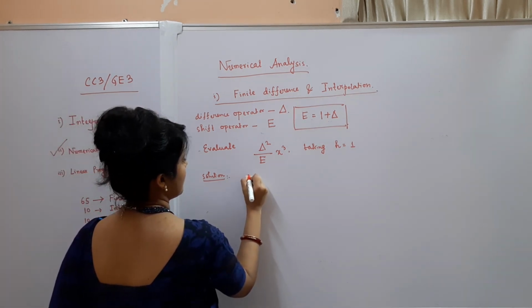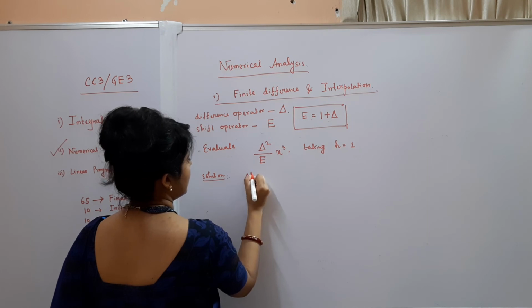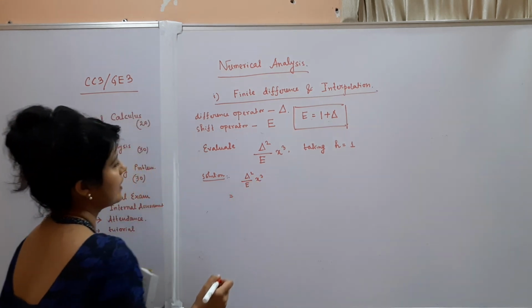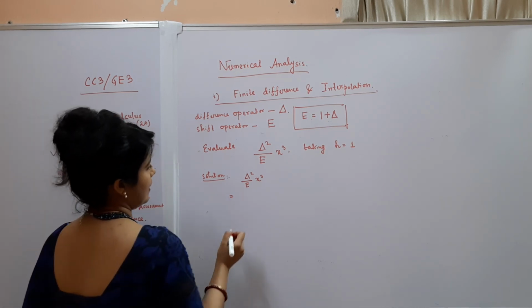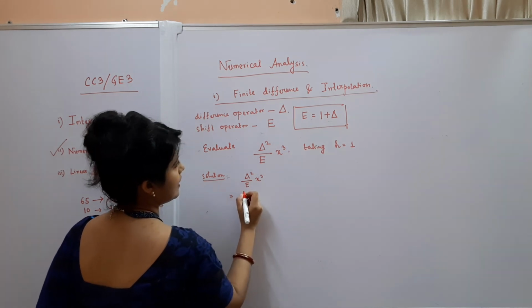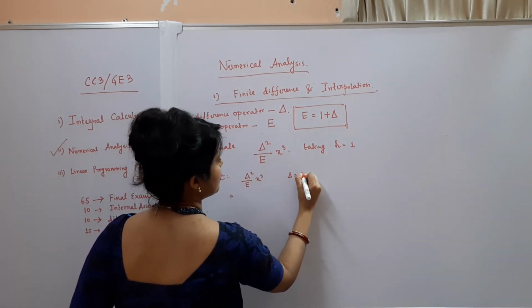So delta square by E x cube. So you can write E is equal to 1 plus delta. So delta is equal to E minus 1.